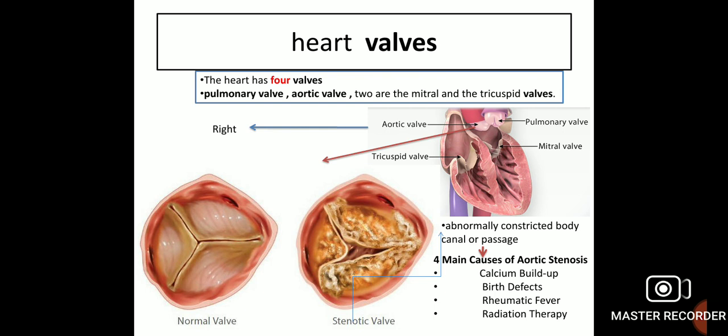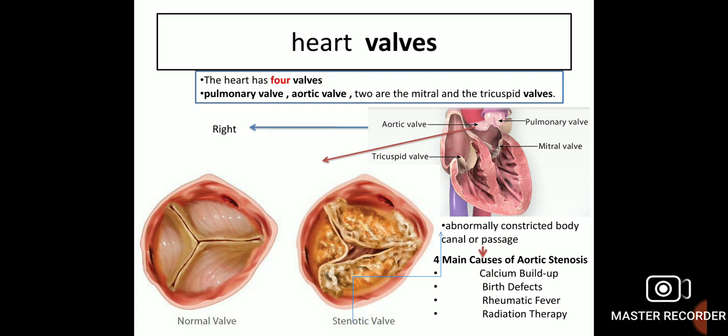If the valve is stenotic, the word stenotic is used for an abnormally constricted body canal or passage. These valves are normally required for preventing backward flow of the blood. So this is the function of the valve.